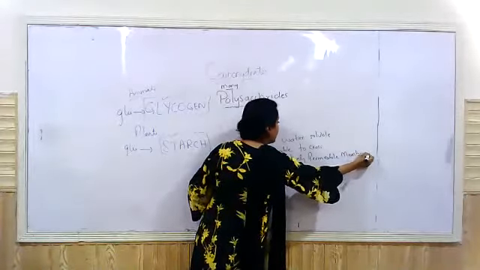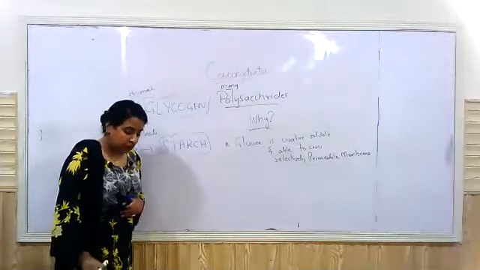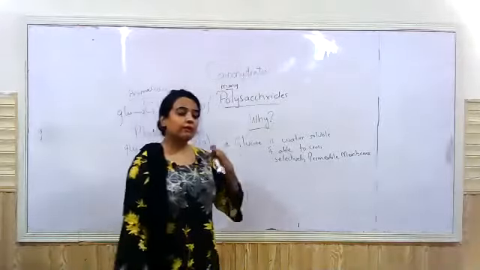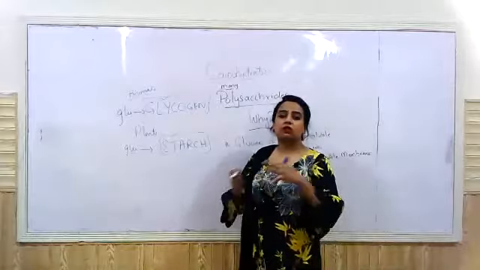It easily passes through the cell membrane, and whatever easily passes through the membrane will not be stored in the cell. It will keep moving from cell to cell depending upon its concentration in the neighboring cells.